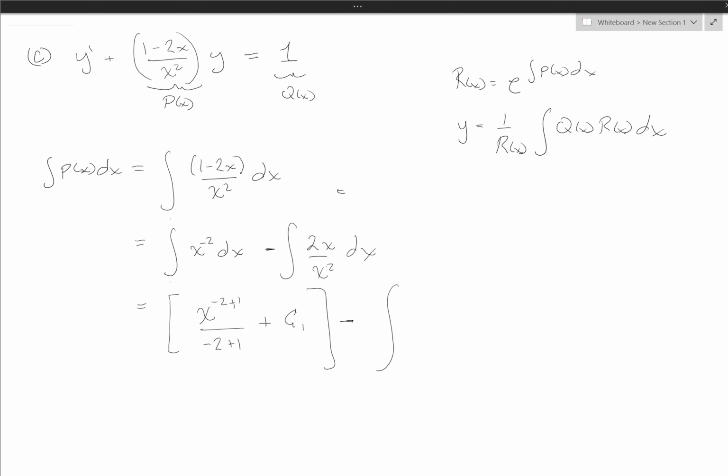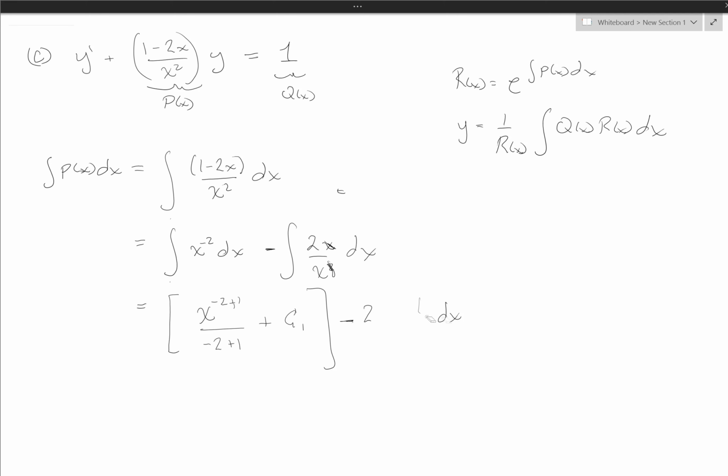Let's cancel this out with this. I'm going to leave the 2 here. I have 1 over x dx. I thought I would do a u substitution here, but I don't actually need to do that. You could, but it'll be the same. So 1 over x. This is just minus 2 times the magnitude ln x plus c.